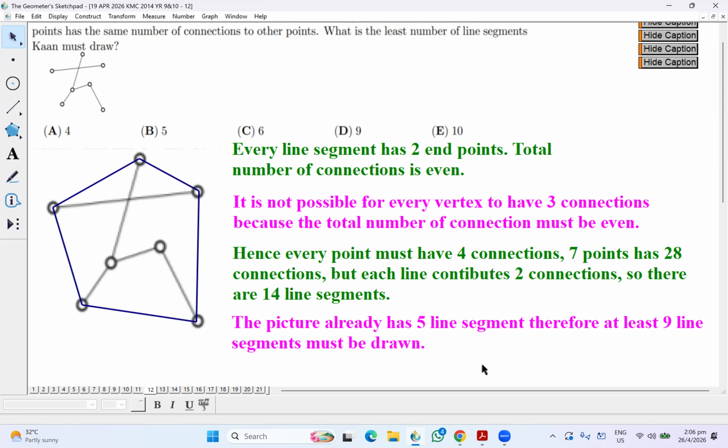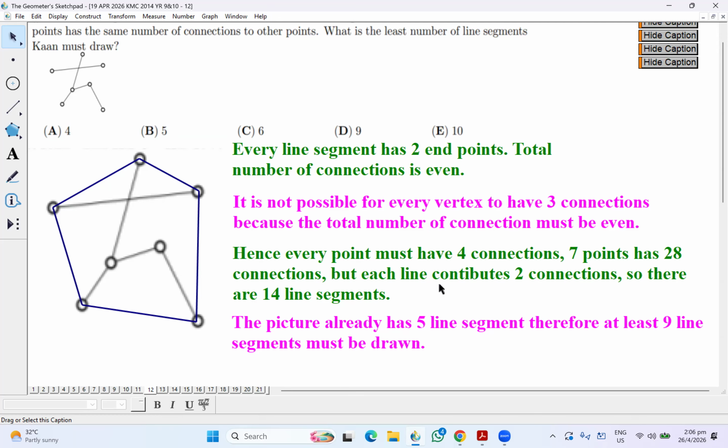This reasoning is better than trial and error. You can try, oh, I add 4 lines, cannot get the answer. I add 5 lines, cannot. Add 6, cannot. Then you find 9 can. Then this is the least already, so you don't have to try 10. But the reason is, you have 7 points, you can only have an even number of connections.